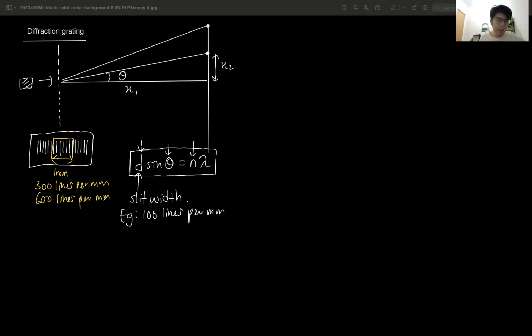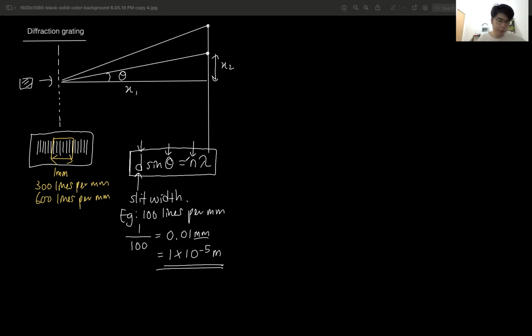So you take 1 millimeter divided by 100, which equals 0.01 millimeter. Be careful with the unit. After you divide it, you are still in millimeter, so you want to change it to meter. So 1 times 10 to the minus 5 meters. Here you get the slit width, that's how you get the lowercase d.